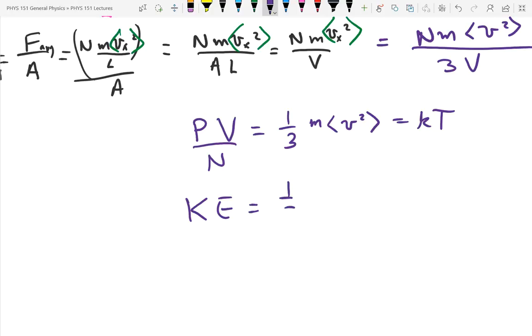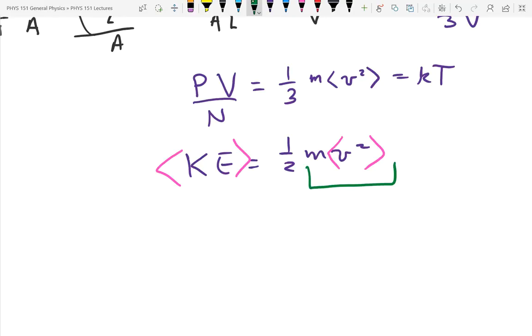Kinetic energy is 1/2 m v squared, right? So average kinetic energy, if the masses are all the same, is 1/2 m times the average speed squared. So that means that m times the average of speed squared is 2 times the kinetic energy.